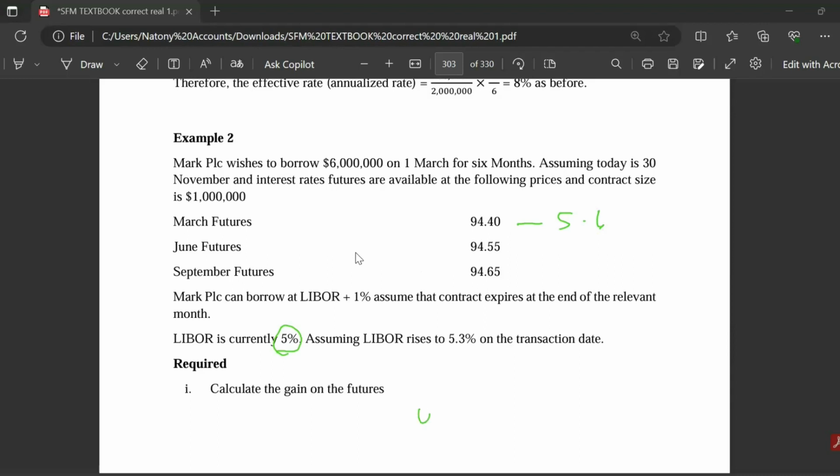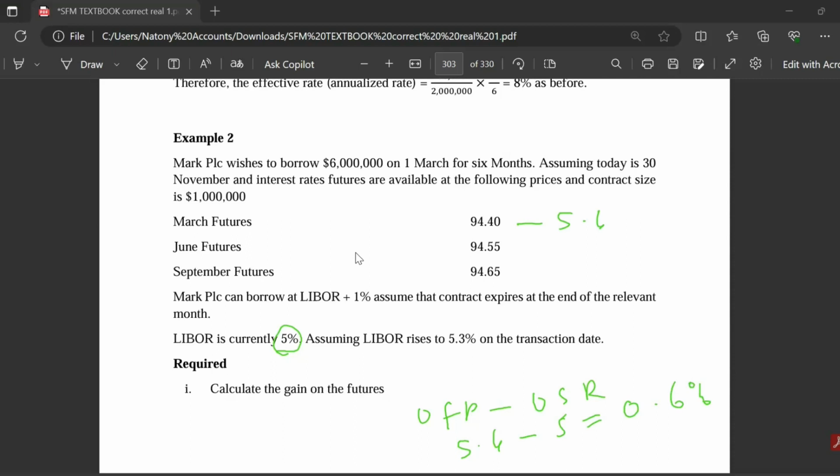Your basis is your opening futures price minus your opening spot rate. So the basis becomes 5.6 minus 5, that is 0.6%.